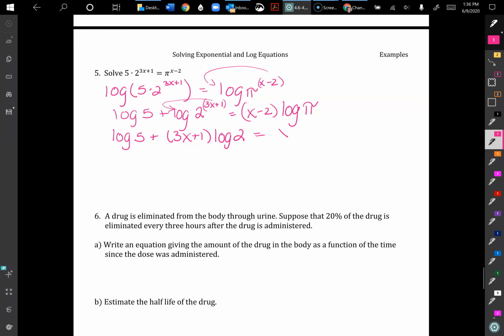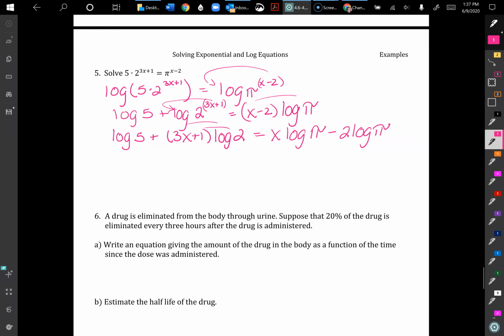So I'm going to distribute that. So I'll have x log pi minus 2 log pi. And I need to do the same thing here, distribute.